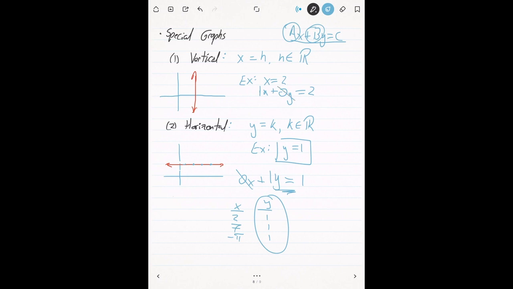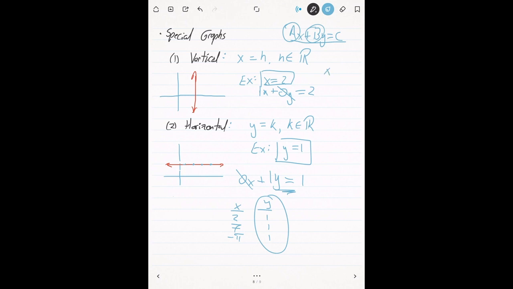So that's why you can now plug anything in for y and it will cancel out, okay? This is still a linear equation in two variables. It's just one of the coefficients, the a or the b, one of them was 0. In this case, it was the b. In the previous case, it was the a. This is still allowed.